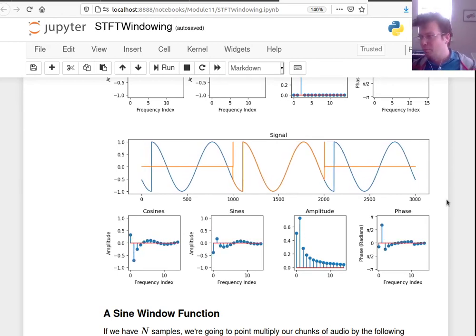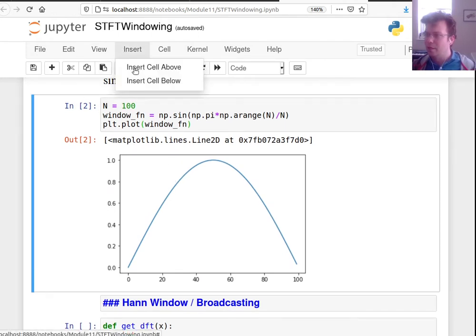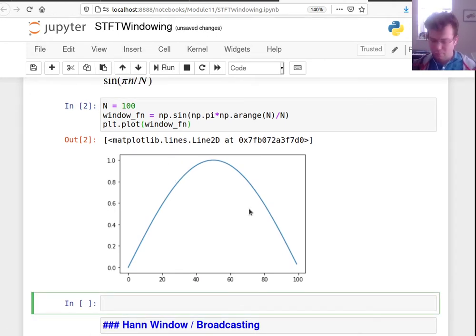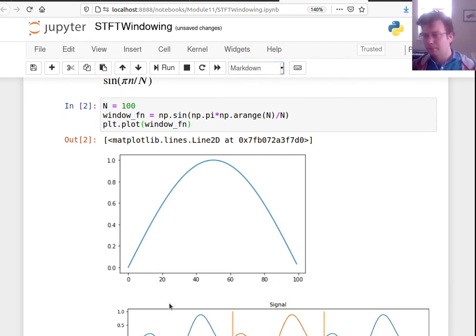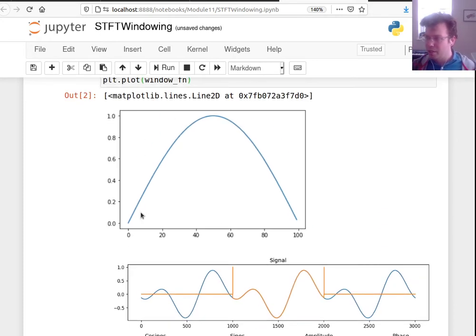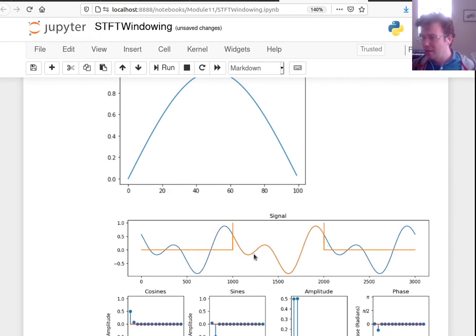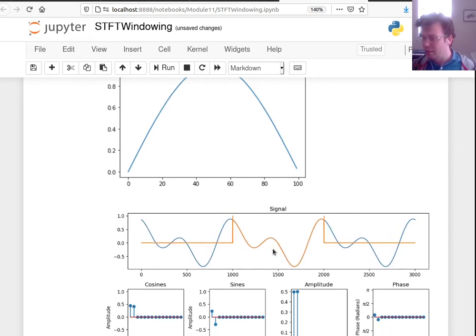If I just point multiply the window by this sine function, I end up getting the following. Okay, so this is the same thing, but notice how when I multiplied it by this function, it damped it down at the edges so it didn't jump like that.